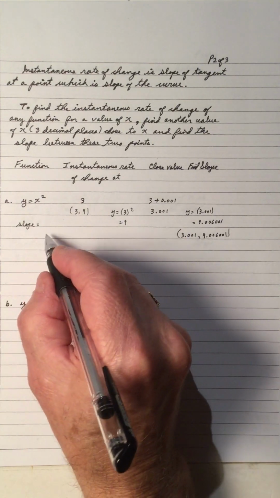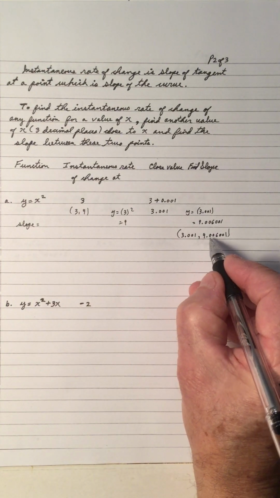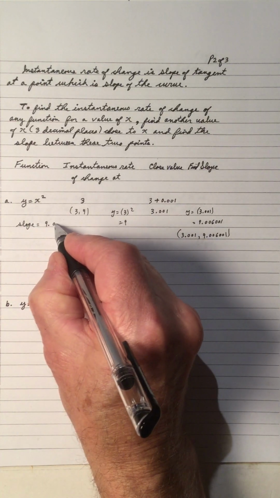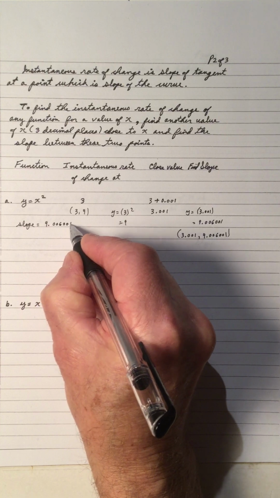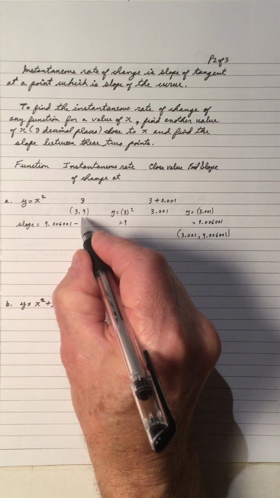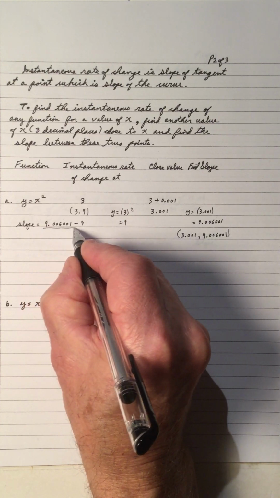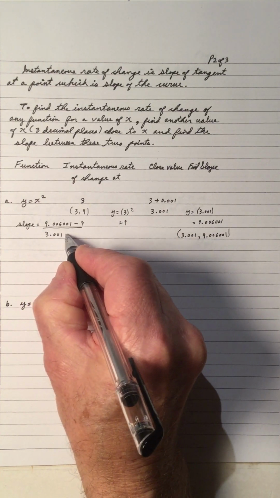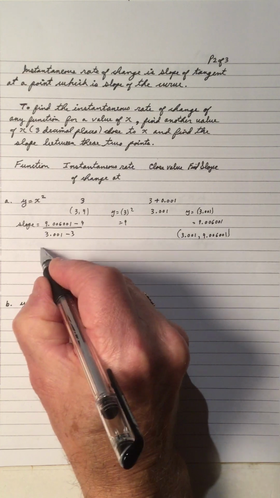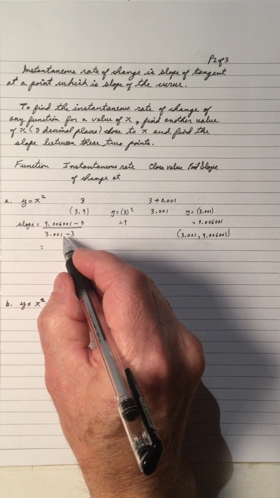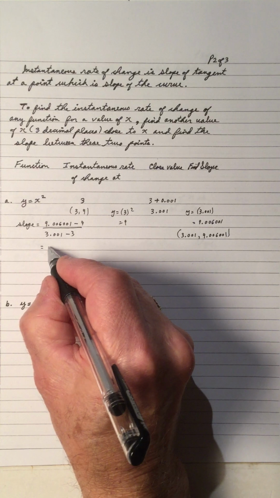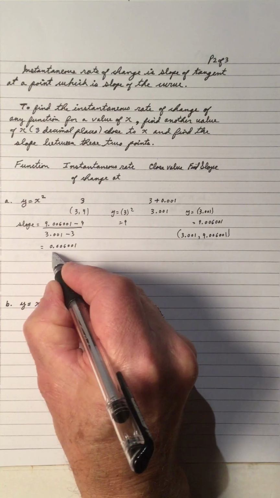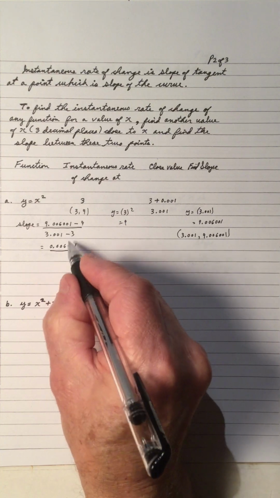So the slope is y2, which is 9.006001, minus y1, which is 9, over x2, which is 3.001, minus x1, which is 3. So if we subtract 9 from that, again I use my calculator, and 3 from that.